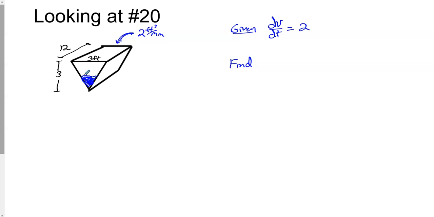We're looking at how the height of this water, they marked it back here, is changing over time. So they're asking us to find dh/dt when a specific moment happens, and that specific moment in part A is when the depth is 1 foot deep. So when h equals 1.